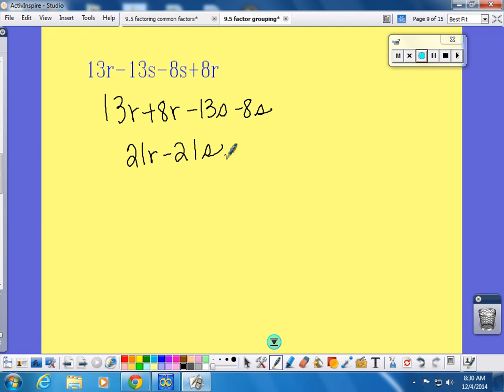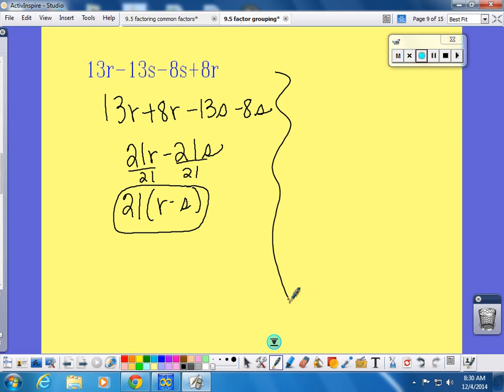Some of you that are combining like terms, if you put your R's and S's together, that would be 21R minus 21S. Factor out the 21, which is common. I'll give you R minus S. Alright.